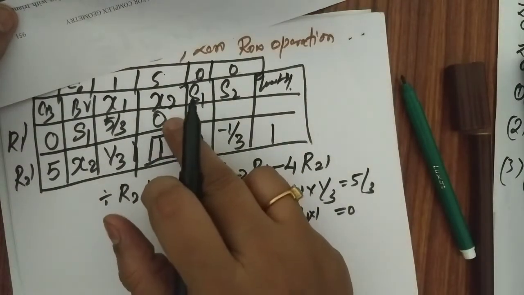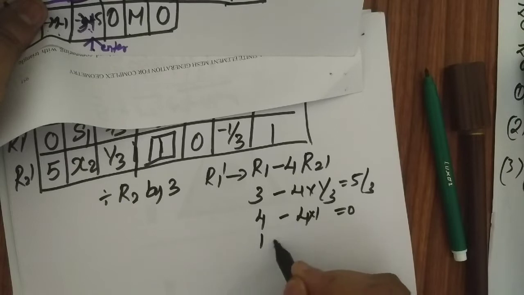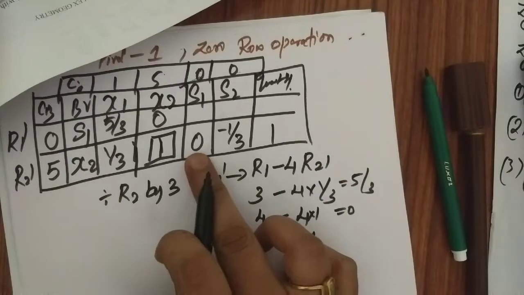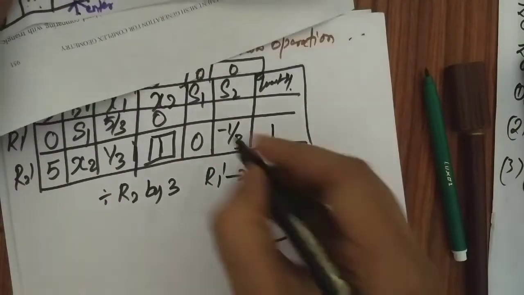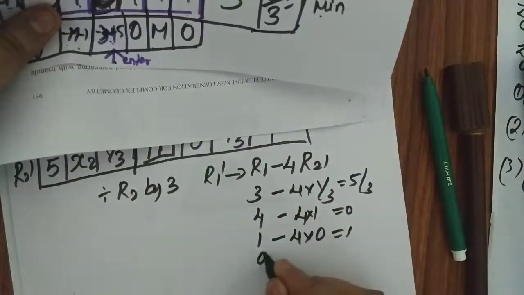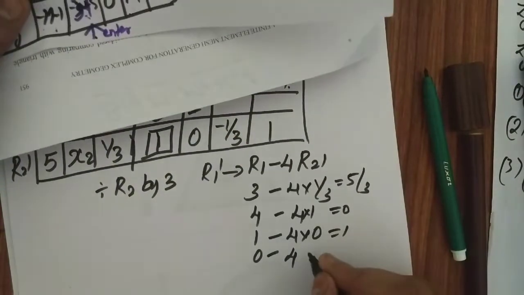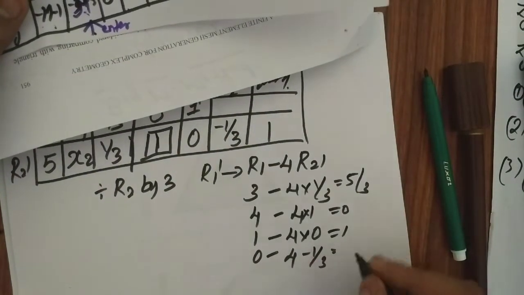As I told you, above the pivotal it has to be 0, so you have to take the row operation that way. Next, R1 is 1 minus 4 into R2 dash, which is 0. So it is 1. Please enter it here. S2 is 0 minus 4 into R2 dash. What is R2 dash? Minus 1 by 3.